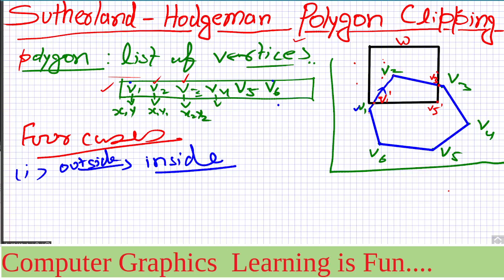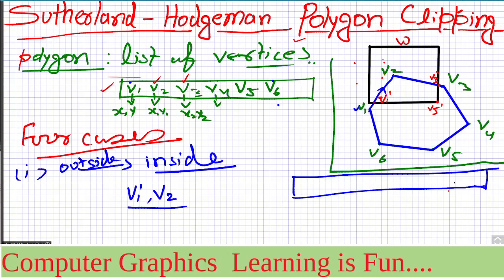In that case, you need to find its intersection with the boundary, and whatever the position on the boundary is, suppose it is v1 dash, you need to add v1 dash as well as v2 to the list. So now you are making a new list of vertices for the polygon. So here you will add v1 dash, v2.